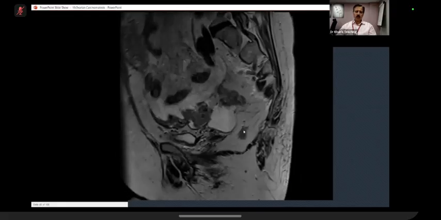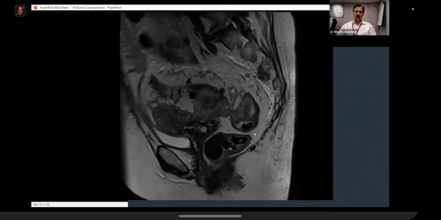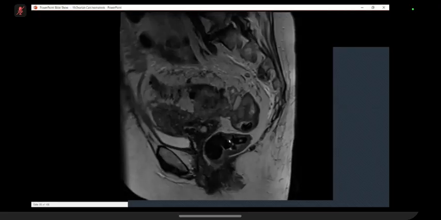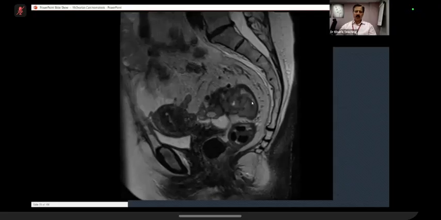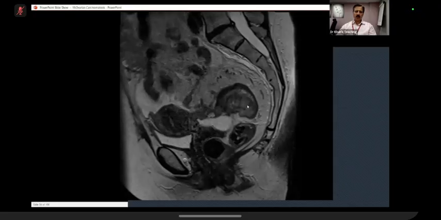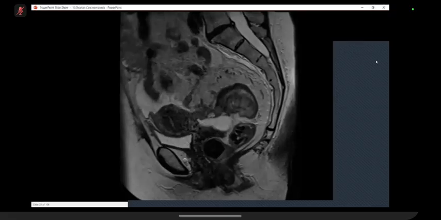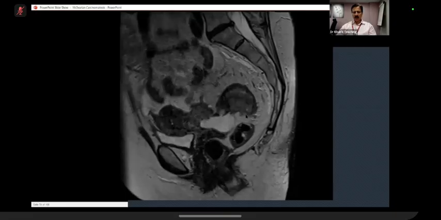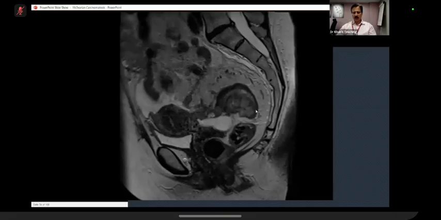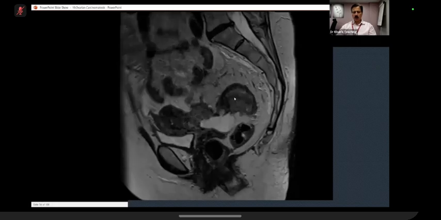Let me show you a sagittal which will make everything clear. This is the rectum. And you can see that this is the rectosigmoid. And this is a classical image for you, where you can see that there is a mass sitting here. It is intermediate in signal intensity. If you look carefully, look at the lumen inside, and look at this wall.